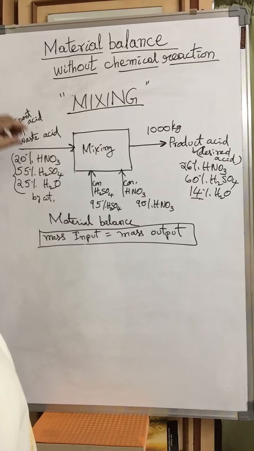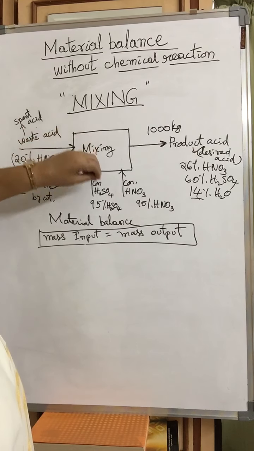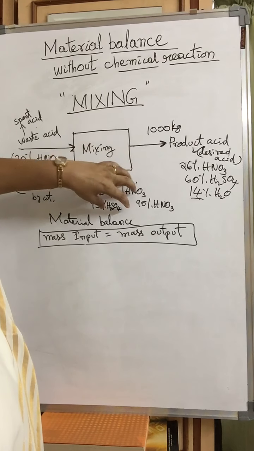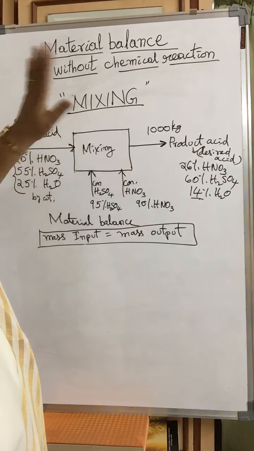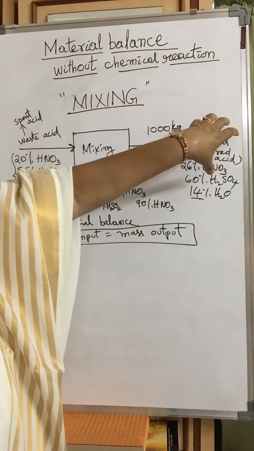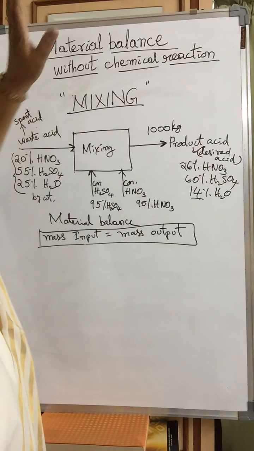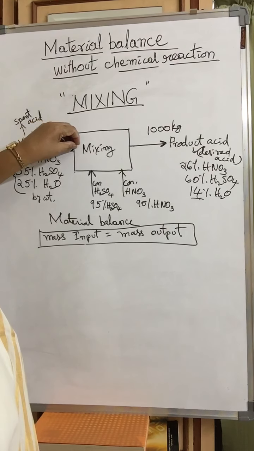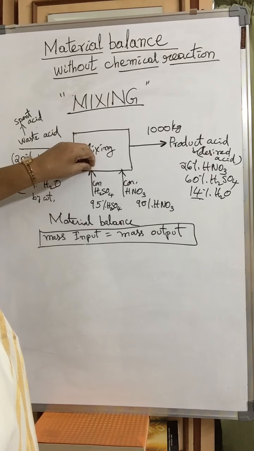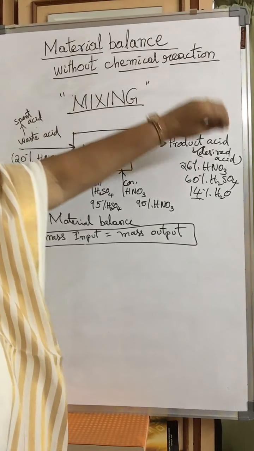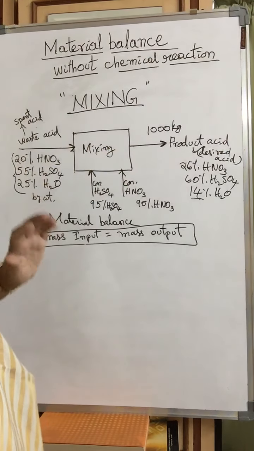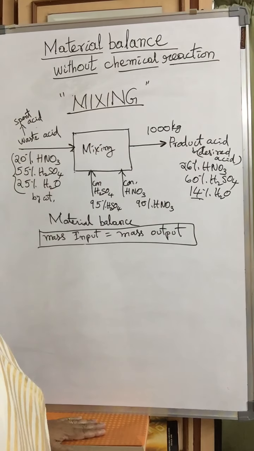Some HNO3 is entering from each stream. The total HNO3 entering must be equal to the total HNO3 present in the product acid. Similarly, H2SO4 entering must be equal to the H2SO4 in the product stream. That is the mass balance.